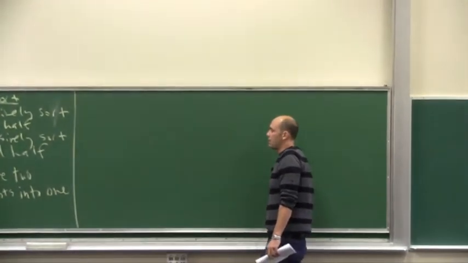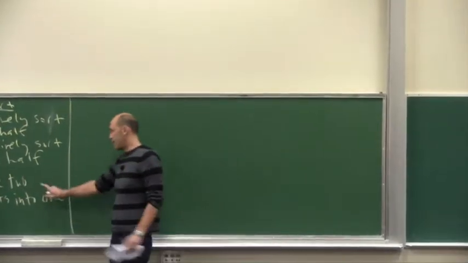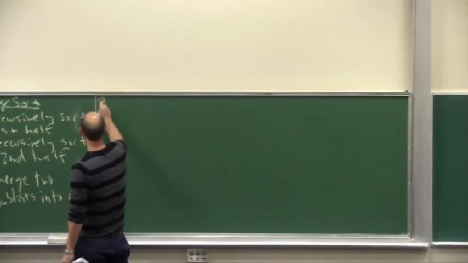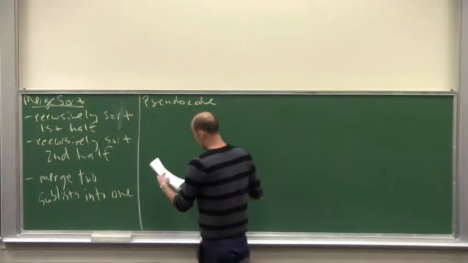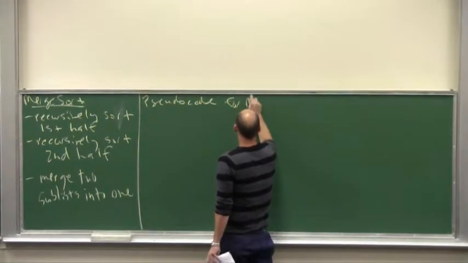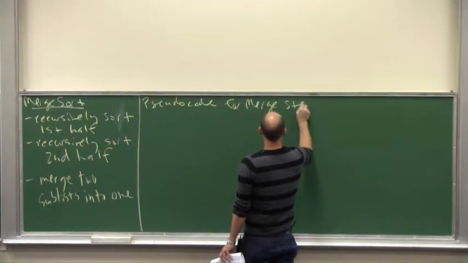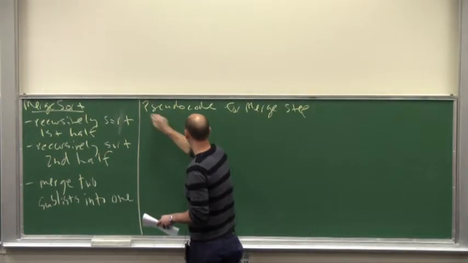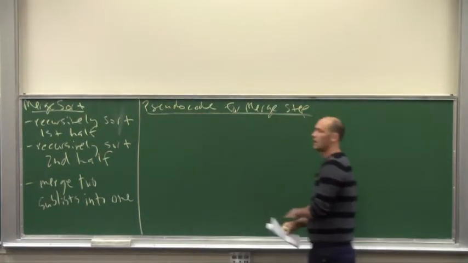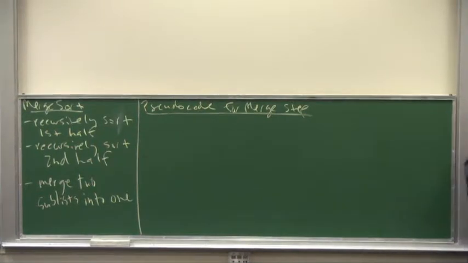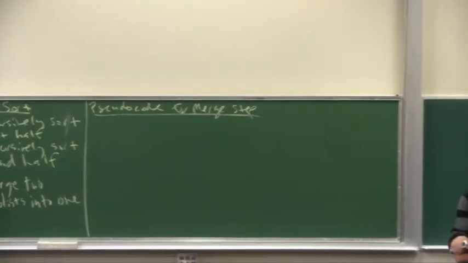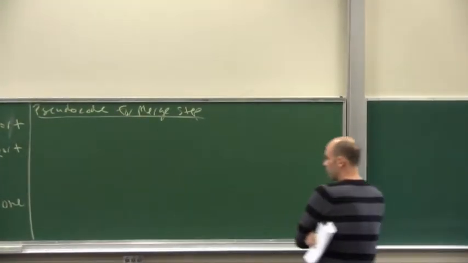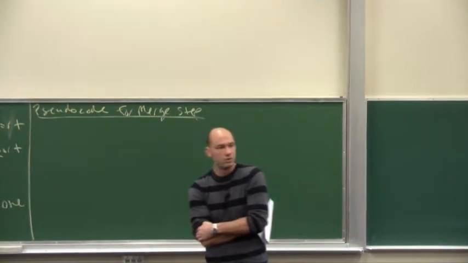So let's go into a little more detail on this merge step. Anyone remember? I don't want lines of code, just conceptually: once the two recursive calls come back, the left side sorted and the right side sorted, what's a good way to combine them?